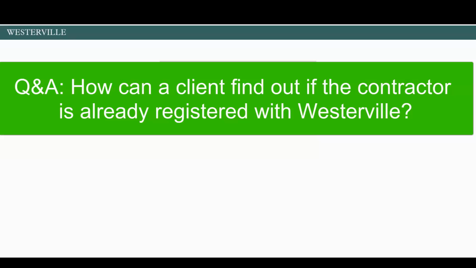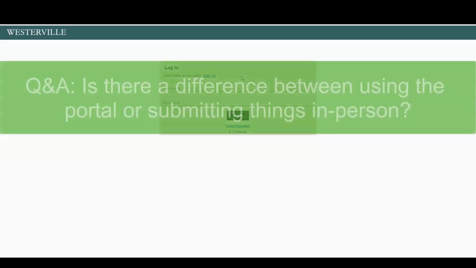I would say probably the first step would just be to call our office and see if they're registered. Yeah, and it's really more so just checking and verifying that that information exists before we give contractors access to the portal.